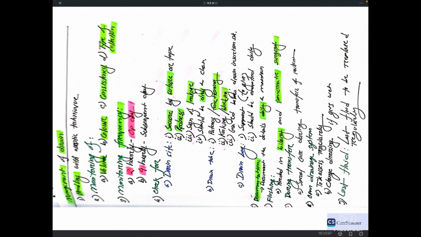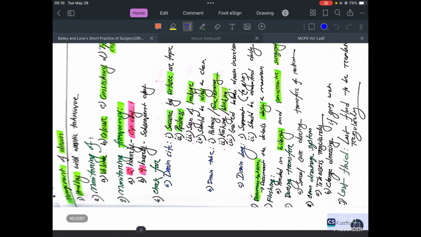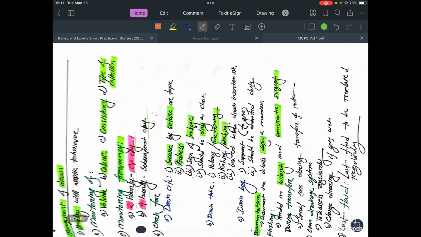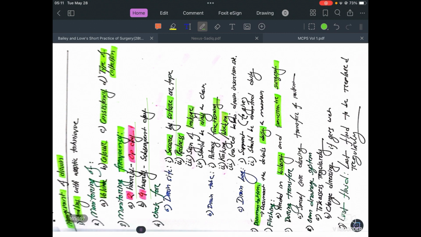Two hourly during the operation day, and four hourly during the subsequent day. Okay, and what should we check for? We should check that the drain site is secured by suture or tape, and whether there is any redness or sign of leakage. It should be dry and clean.